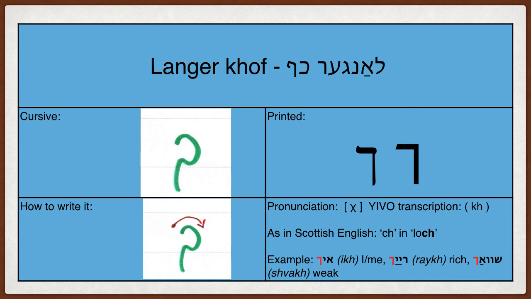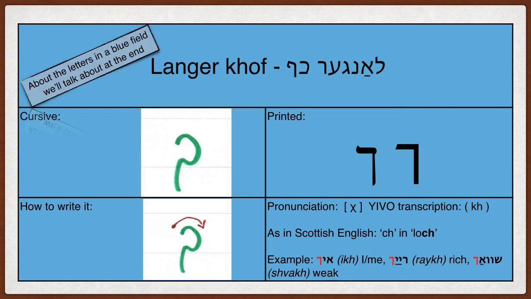Schwach, meaning weak. And you can see that this letter is in a blue field. Exciting, isn't it? So, you already know what it means. It means that we are going to talk about this letter at the very end of the third video.